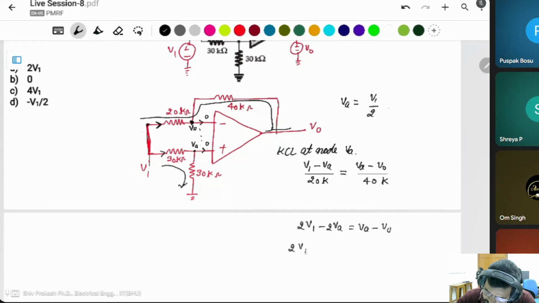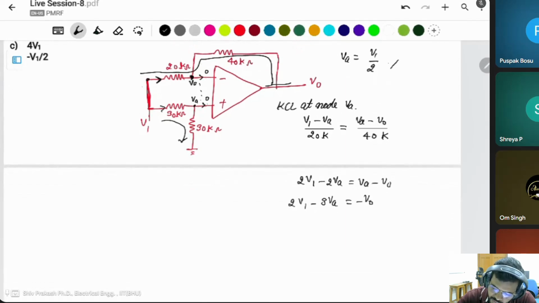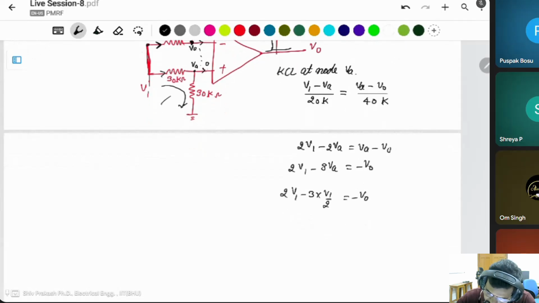So 2V1 minus 3VA is equal to minus V naught. VA is equal to V1 by 2 because of this one. So 2V1 minus 3 into V1 by 2 is equal to minus V naught. This is V1 by 2 is equal to minus V naught. Then you can say output voltage is half of input voltage, minus V1 by 2.